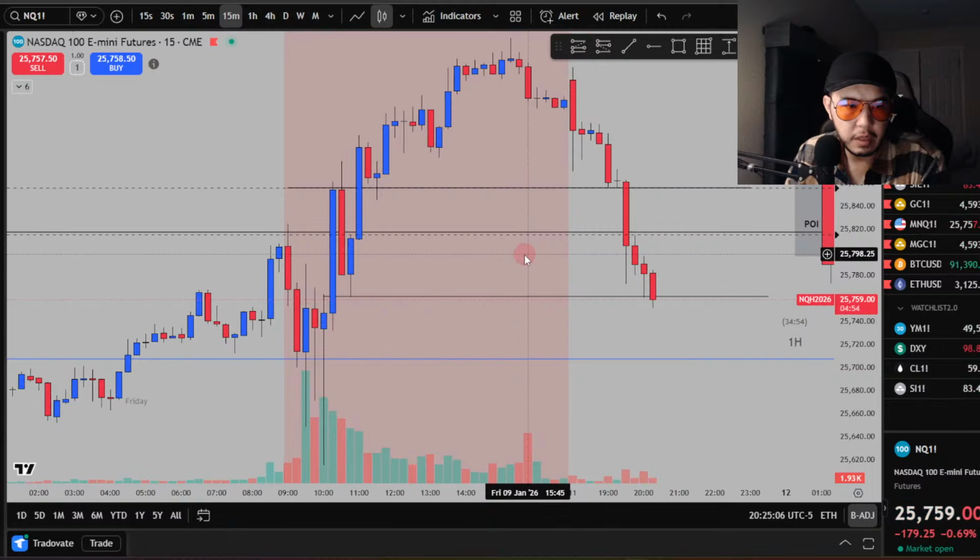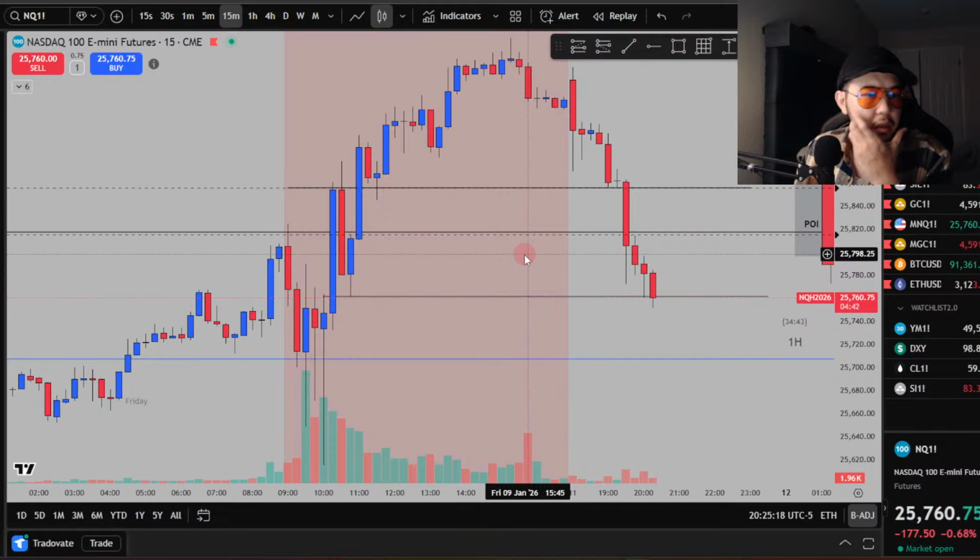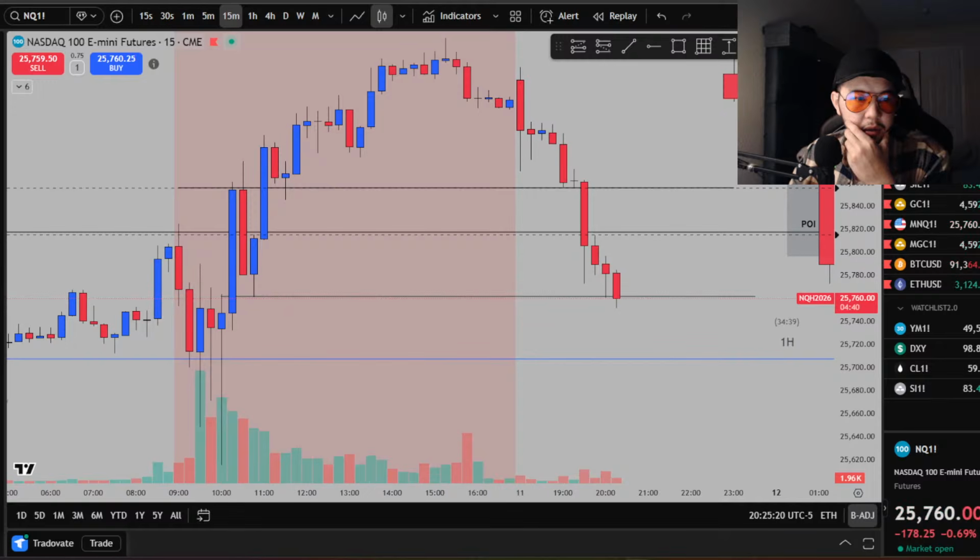What are your settings for CCT indicator? I don't have a CCT indicator.